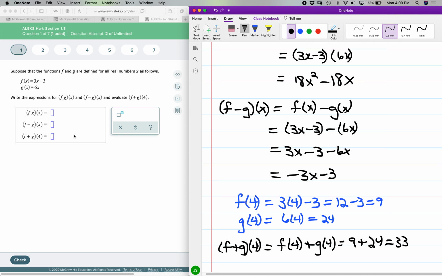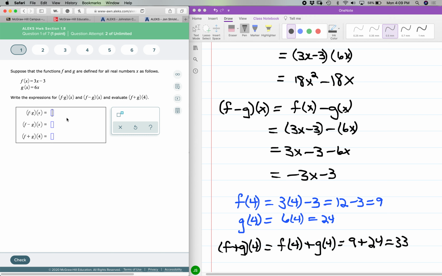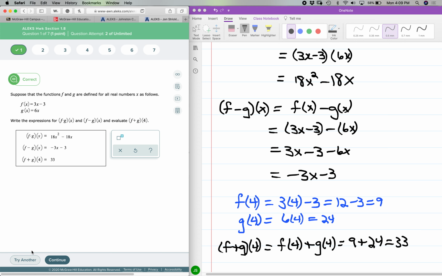So plugging in what we have here, for f times g of x, we have 18x squared minus 18x. For f minus g of x, again we have negative 3x minus 3. And for f plus g of 4, again, we come out to 33.